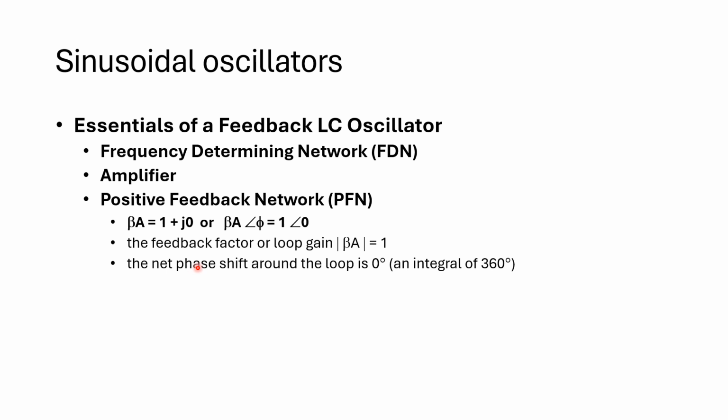So the feedback factor or the loop gain must be equal to 1, and the net phase shift around the loop must be equal to 0 or any integral multiple of 360 degrees. This condition here is what we call the Barkhausen criterion, and this is being used for maintaining a steady level of oscillation at a specific frequency.